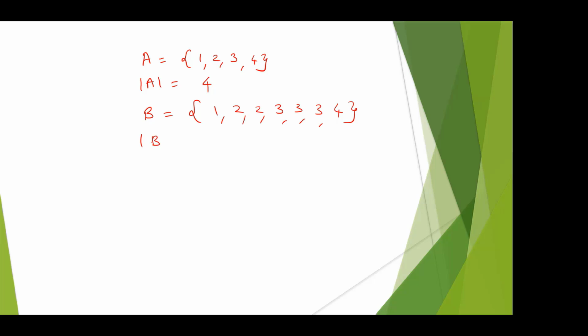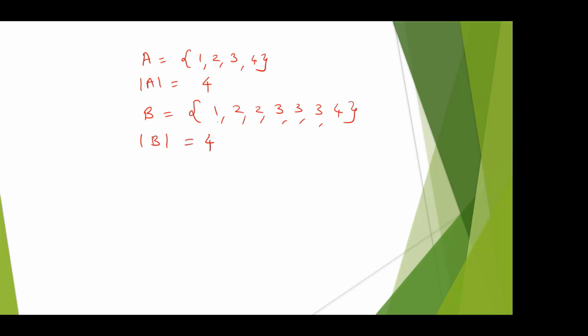Now, another thing, since we are talking about distinct elements, if I have set A 1, 2, 3, 4, we can say the cardinality of set A, since we have 4 distinct elements, is 4. If we have set B in which we have some elements which are repeated, then for this set also the cardinality is 4.